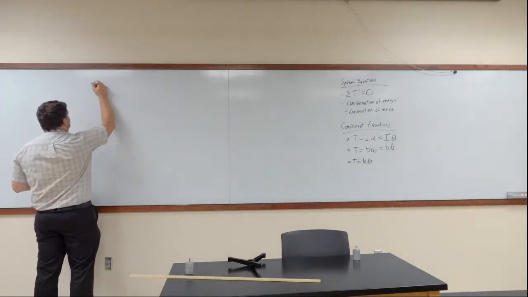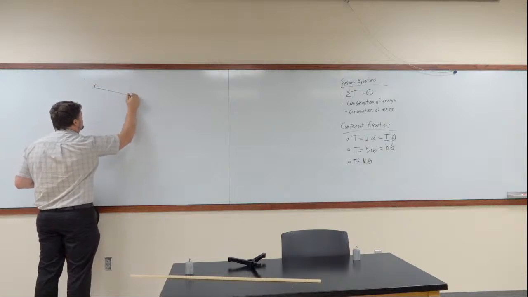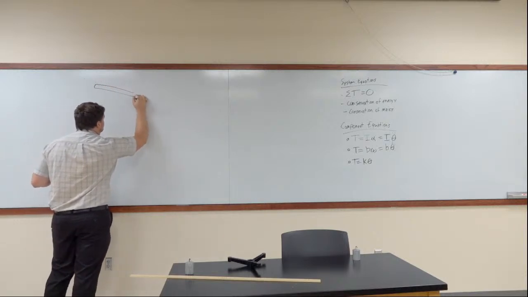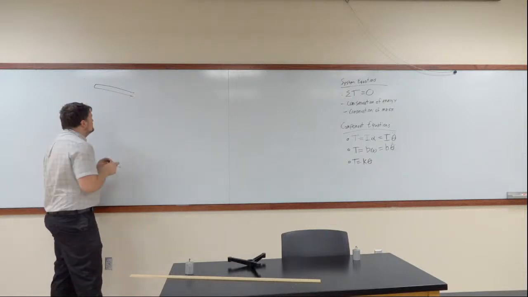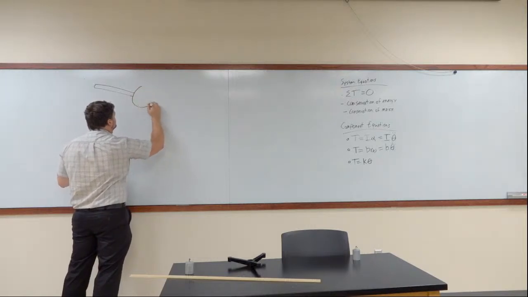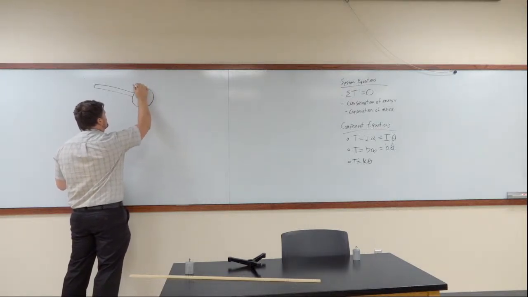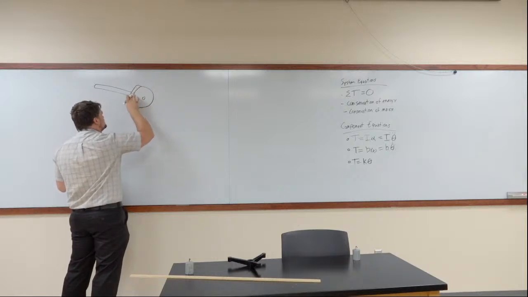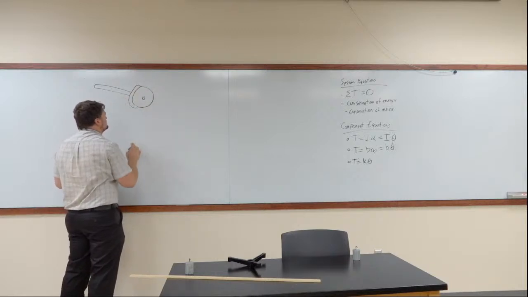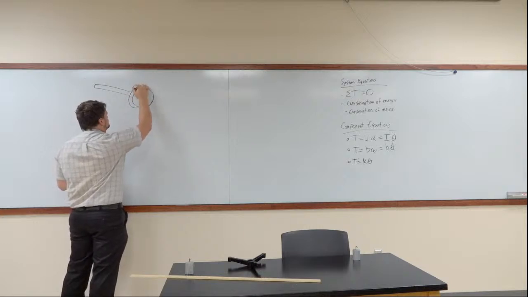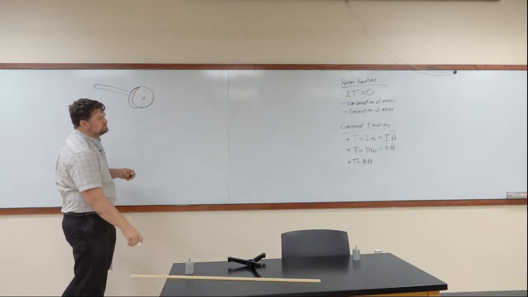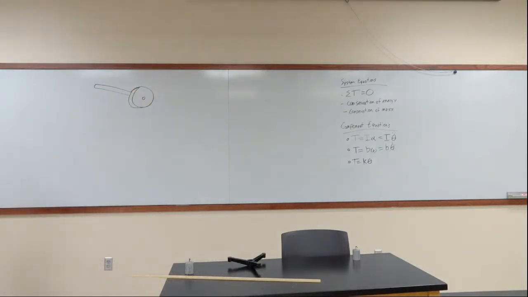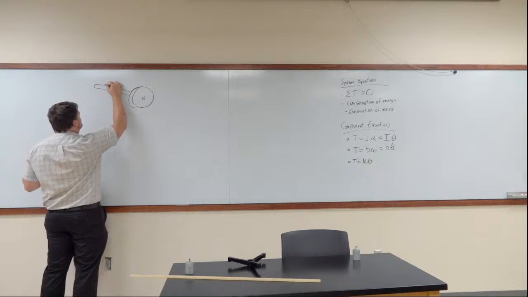What we have here is a circular shaft. The circular shaft is a certain length. It then goes to a wheel that has some thickness. Now, this shaft is constrained by a bearing.